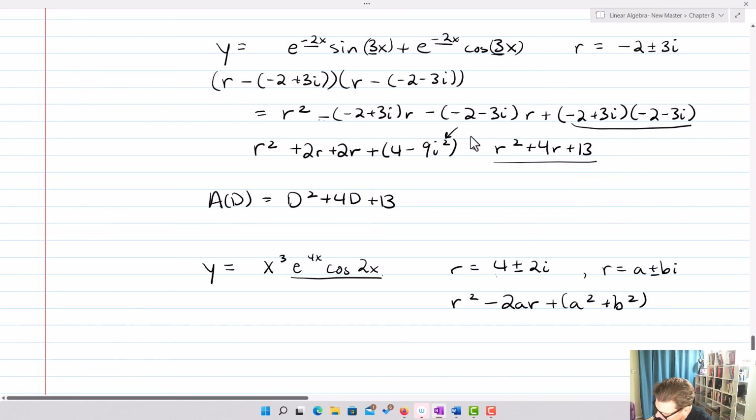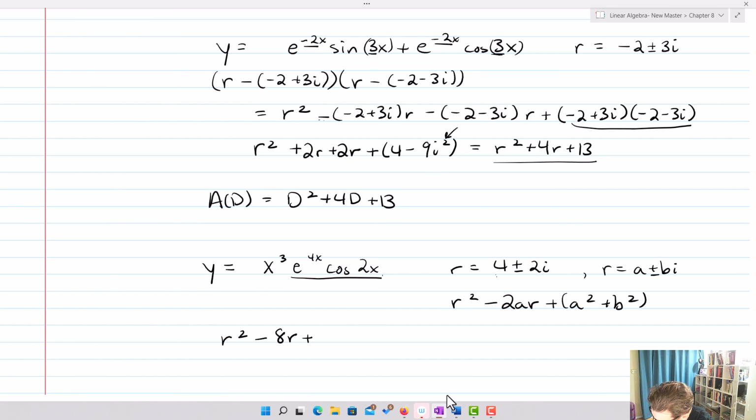Okay? And that ends up being the polynomial that we're looking for. So in this case, we're going to get r squared minus 8r plus a squared plus b squared, so that's 16 plus 4, so that's plus 20. So r squared minus 8r plus 20 ends up being the polynomial that we're looking for.